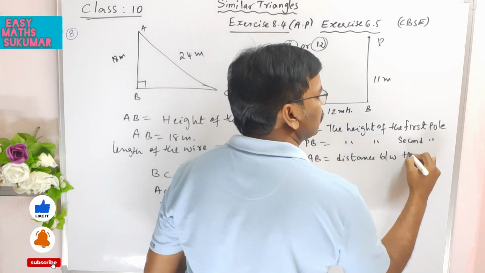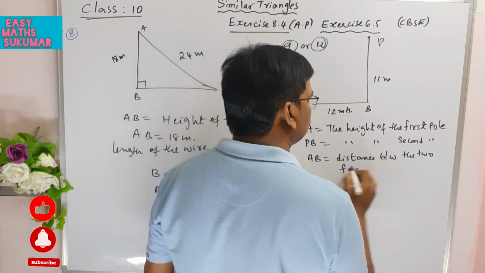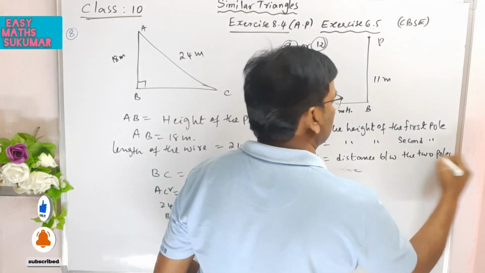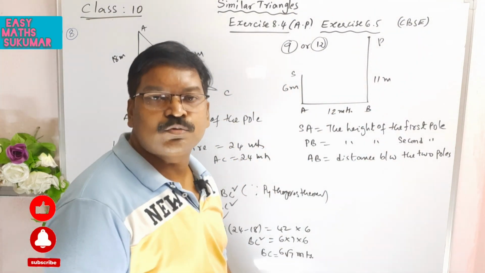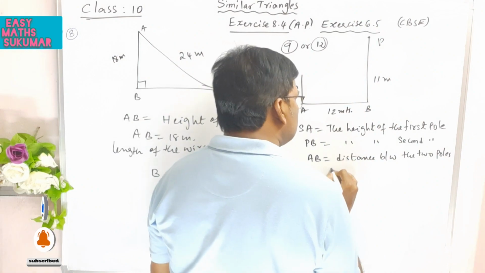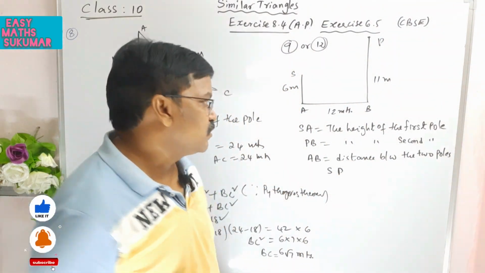AB is the distance between the two poles, the distance between the two feet. What we have to do here is find the distance between S and P, that means the distance between the two tops.